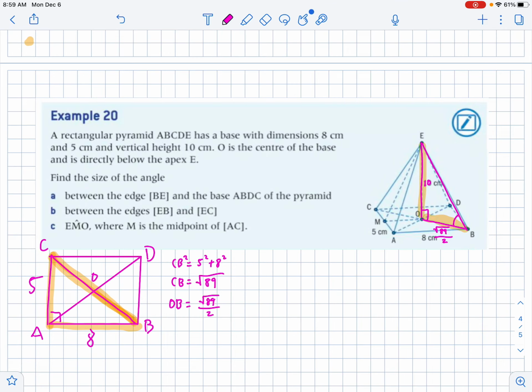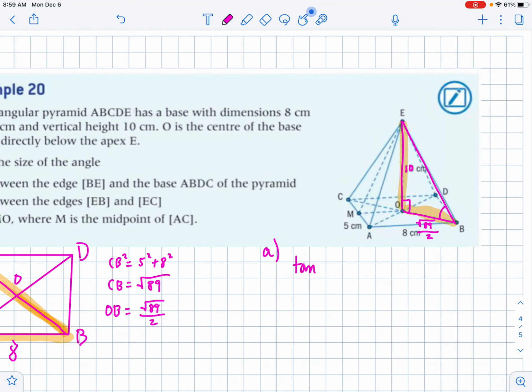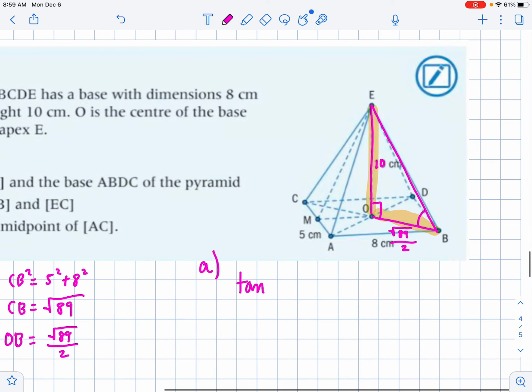To find the angle, this is all part of part A. I'm going to use tangent of, well, we can't really call it anything. Let's call it angle EBO. It's equal to opposite over adjacent.